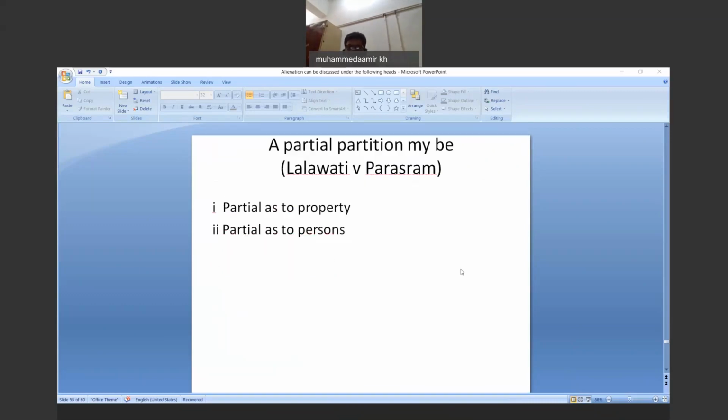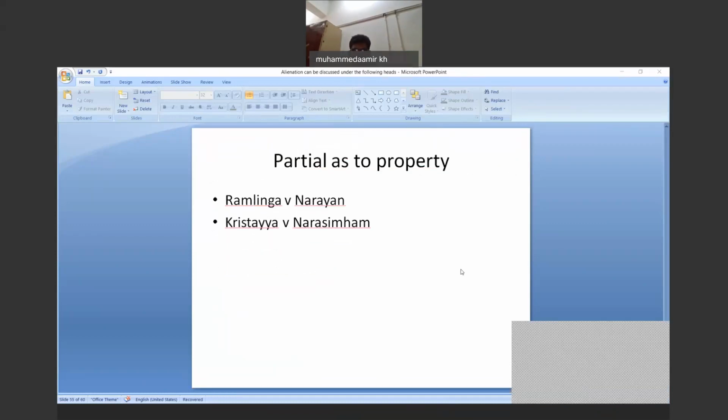Now coming to the case of Lalavati versus Parasram, it was also discussed that a partition may be partial as to property and also partial as to persons. So it can take place both ways.